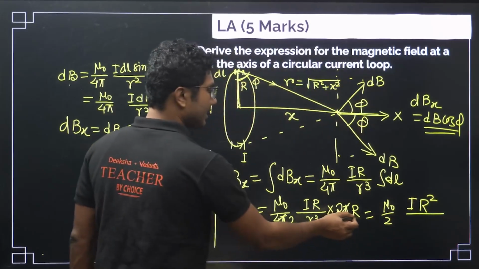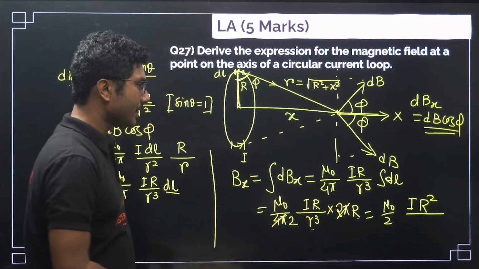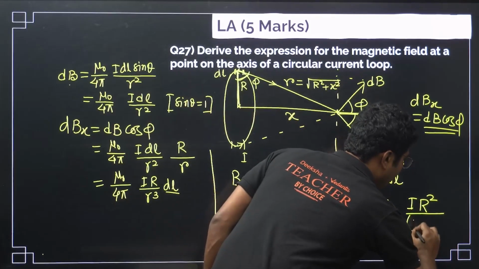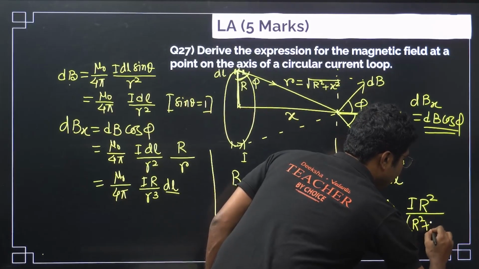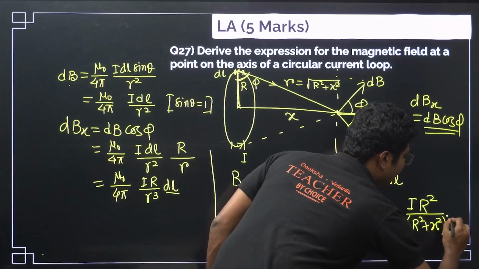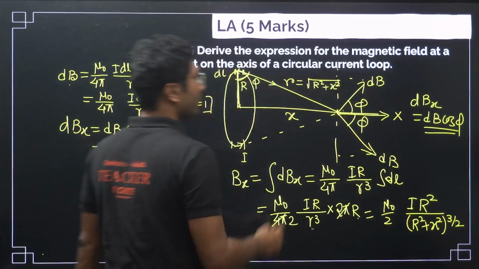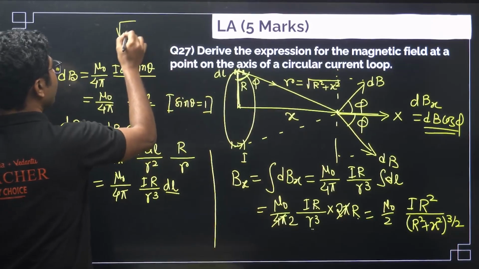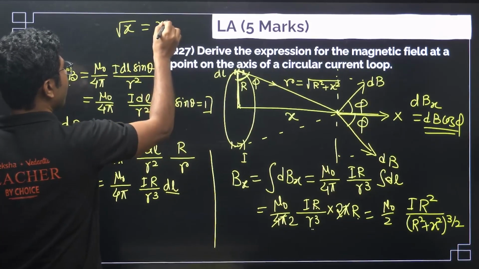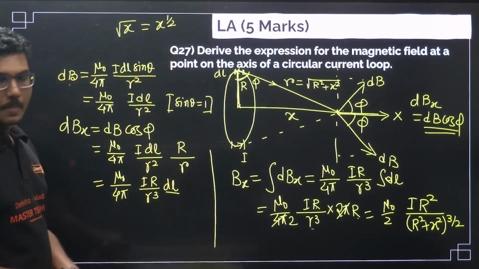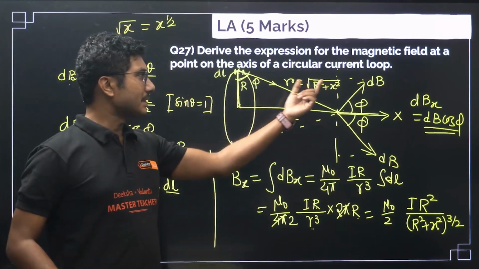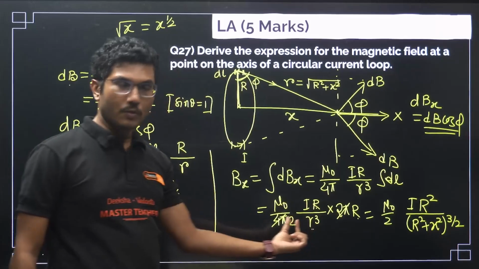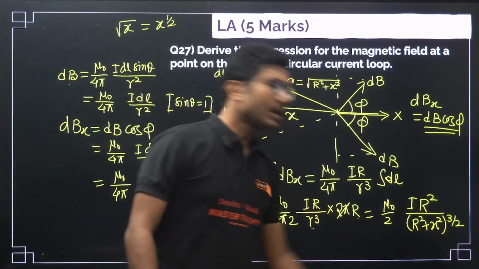Why R square? This R times this R gives R square, and what does small r cube mean? It is R square plus x square to the power 3 by 2. Square root means to the power half, and we had a cube over here, so it will be to the power 3 by 2.